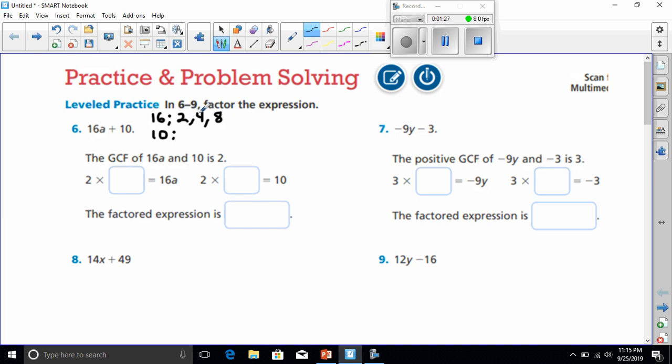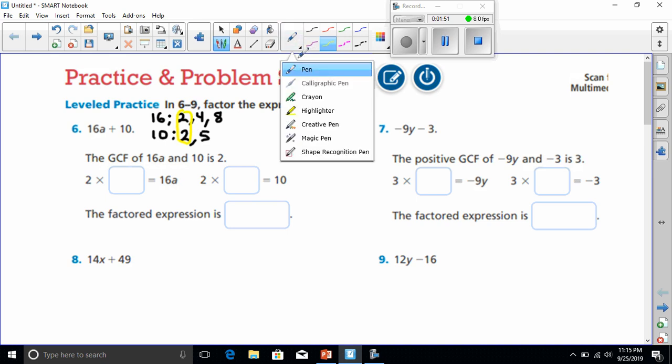So right now we have 2, 4, and 8. With 10 now, since it's an even number, we can start at 2. We know 2 times 5 equals 10. 3 doesn't factor in it, 4 doesn't factor in it, which leaves 5, and that's pretty much where we end off. And now I can see that 2 is my greatest common factor.